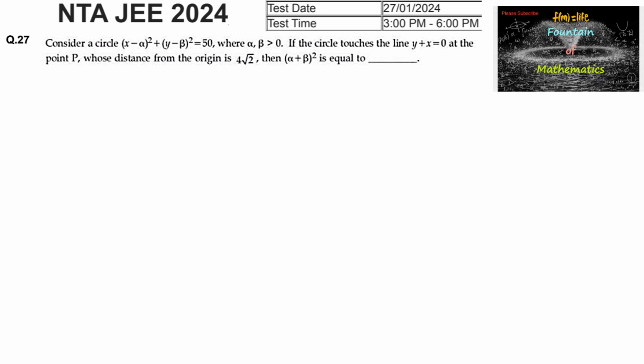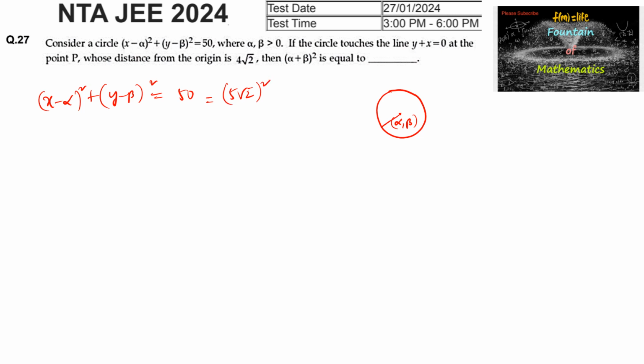Consider a circle (x - alpha)^2 + (y - beta)^2 = 50. So we can say that the circle has center (alpha, beta) and the radius is root 50, which we can write as (5 root 2)^2.